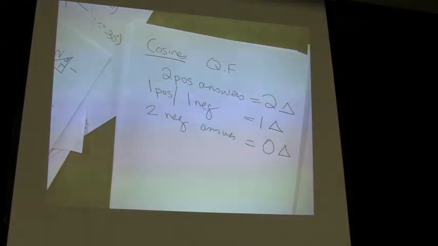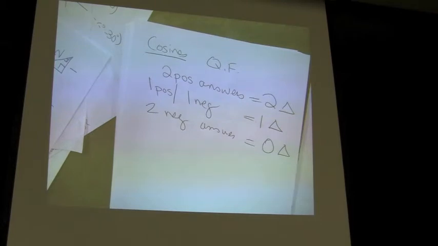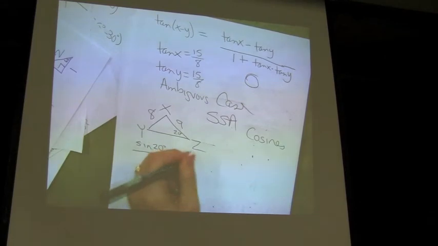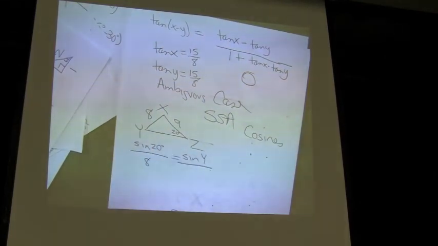Okay? What you're talking about is handling the ambiguous case using the law of sines. So if I were using the law of sines, I would say sine of 20 degrees over 8 equals sine of angle Y over 9.